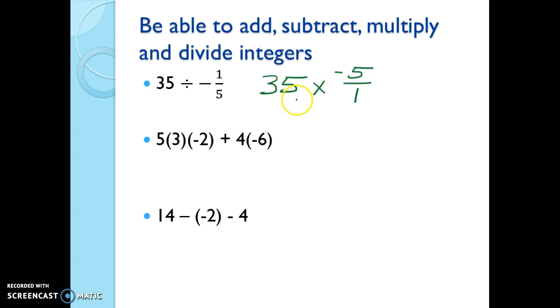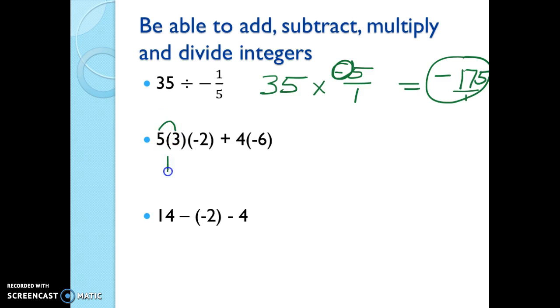So 35 times 5 over 1 is equal to, first of all, make sure that you don't lose your negative. We've got a positive times a negative. Our answer is going to be negative. 35 times 5 is 175. You can put over 1 because there's our 1, but it's really negative 175. All right, let's go on to the next one.